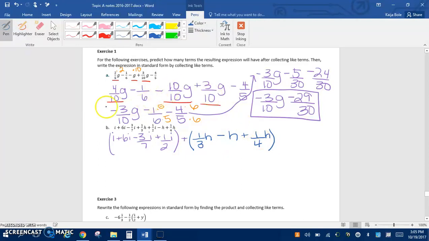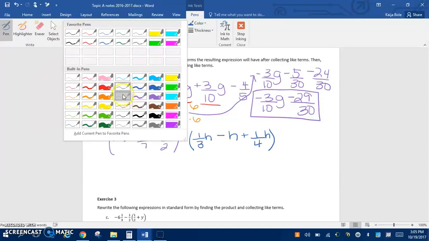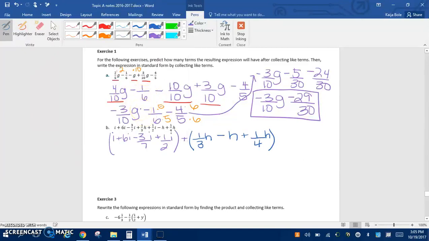So now we need common denominators. So if we go back to our I's, our common denominator with all of these is going to have to be 14. So here we would have 14 over 14I, and then plus, this one's going to be a bigger number, this would be 82 over 14I.